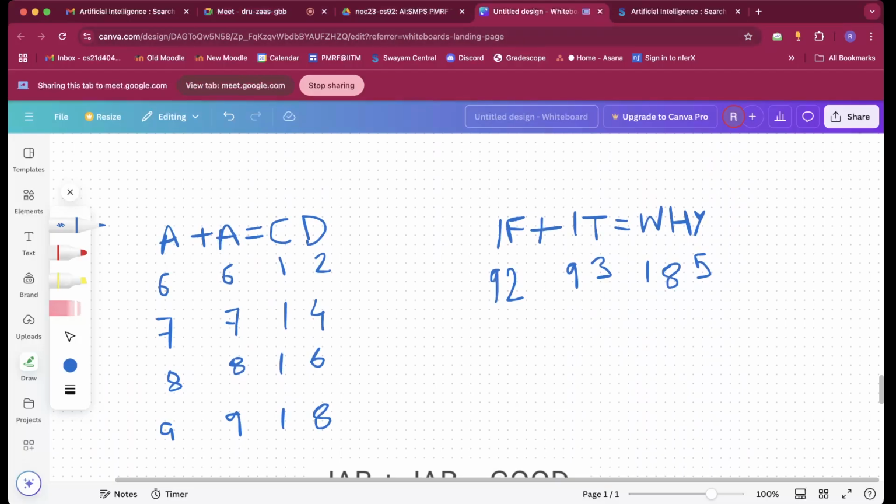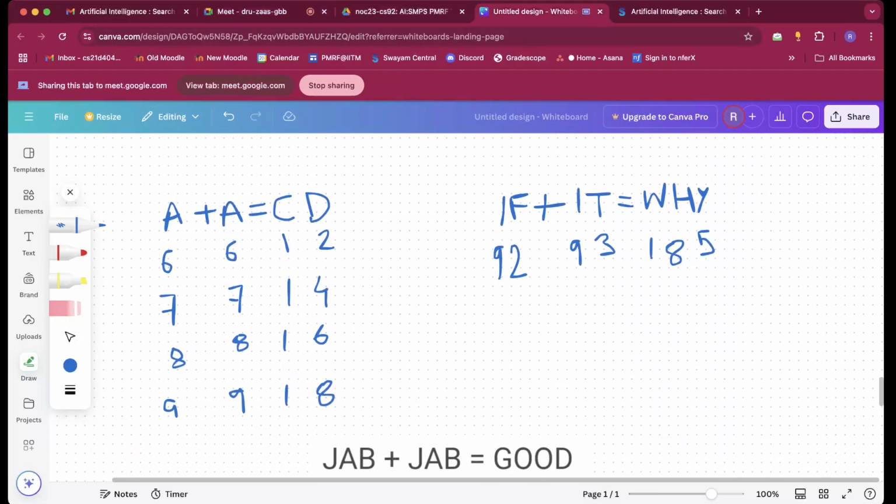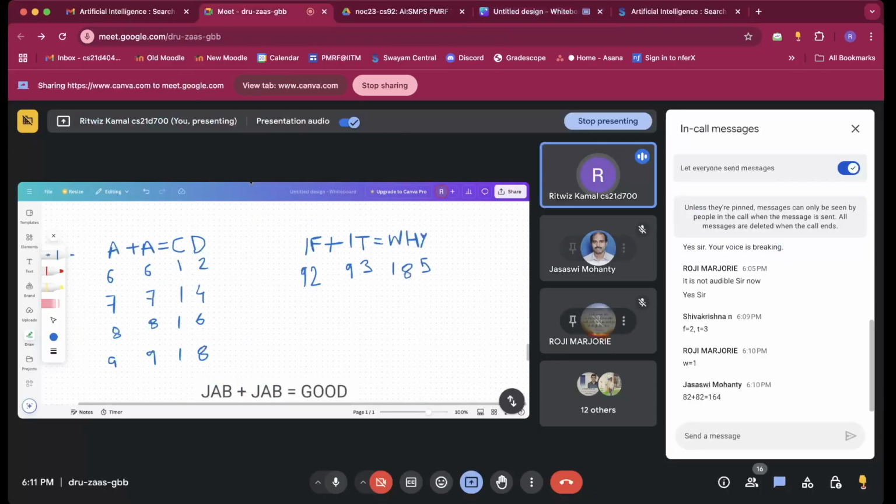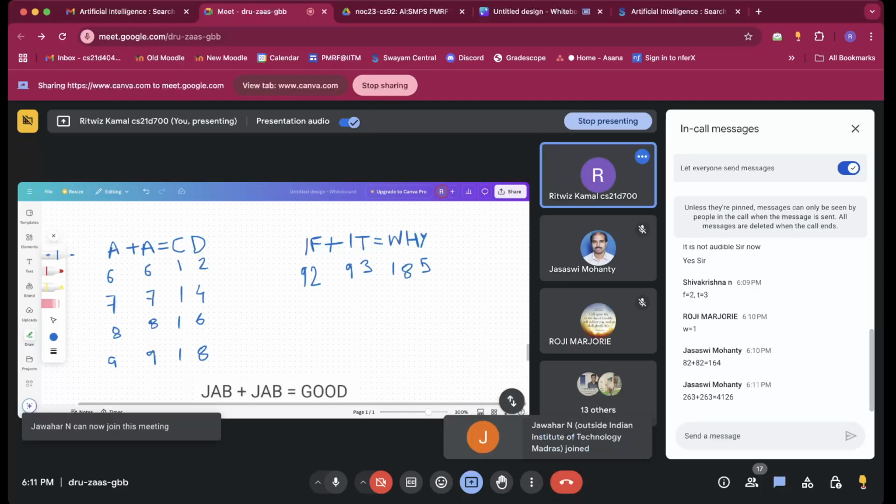But let's go back to the problem that we had, which is JAB plus JAB equals GOOD. So can you think of any assignments to satisfy this equation, JAB plus JAB equals GOOD? Okay, we have an answer in the chat box, but then again I'll remind you that on the right hand side we have GOOD, but based on your solution, O has two different numbers assigned to it, which is also not possible, right?